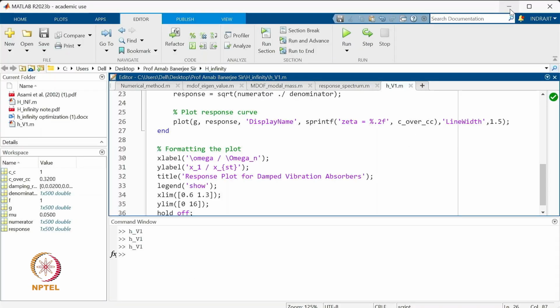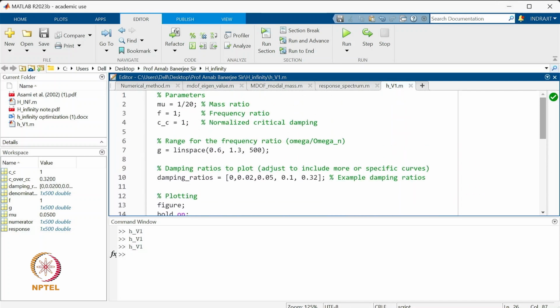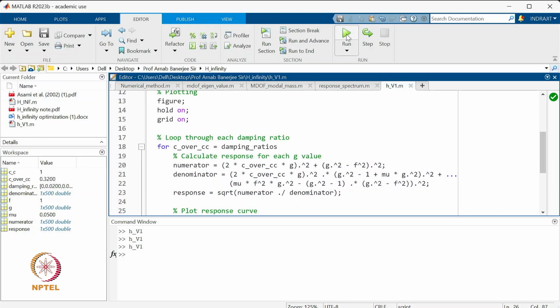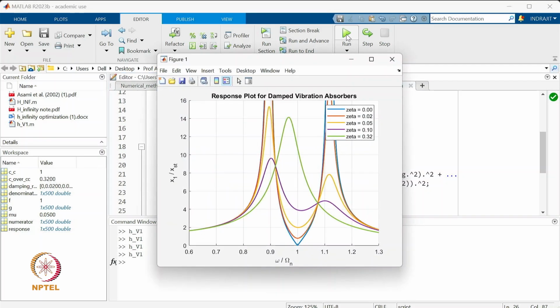Perfect. So now let's see how the response would look like once we are trying to optimize it. First let's see how it should look. Here we have a small MATLAB code we did. Just assume some mass ratio, frequency ratio, damping ratio, and all those, and we are plotting it, and you can see that we will have this type of response.